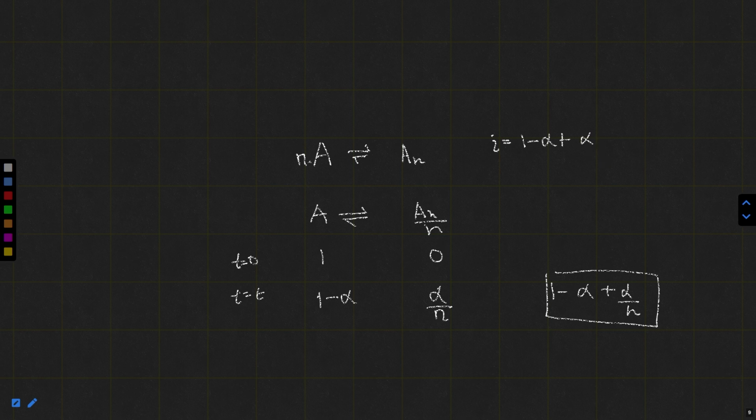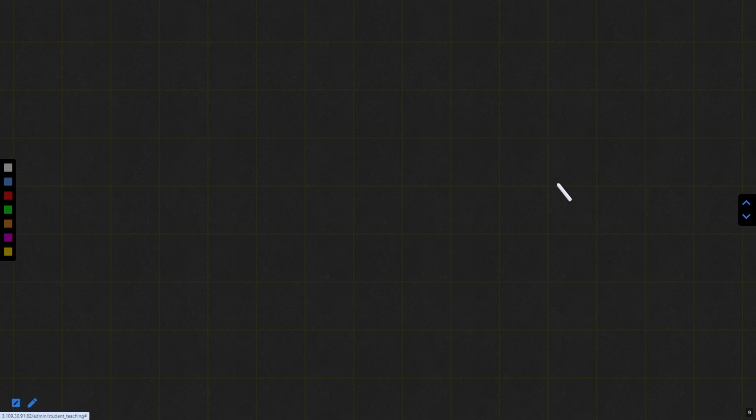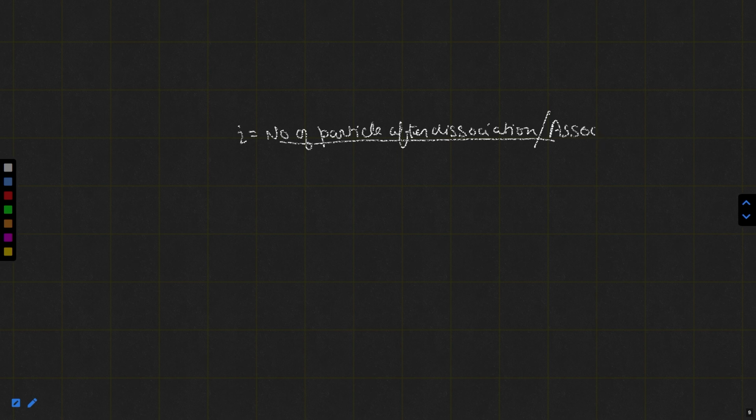Now you will ask how it will be i. I told you earlier the formula: i is equal to the number of particles after dissociation or association, divided by the number of particles before association or dissociation.